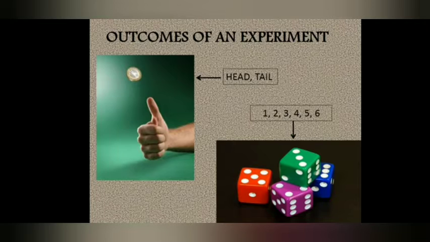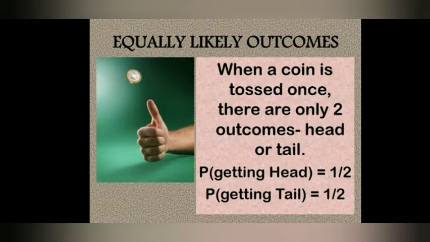See now, in this picture, when we throw a die, it gives 1, 2, 3, 4, 5, 6. There are 6 possible outcomes in that experiment. When a coin is tossed once, there are 2 outcomes, head or tail.